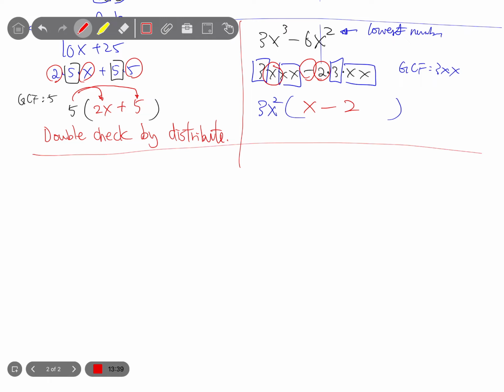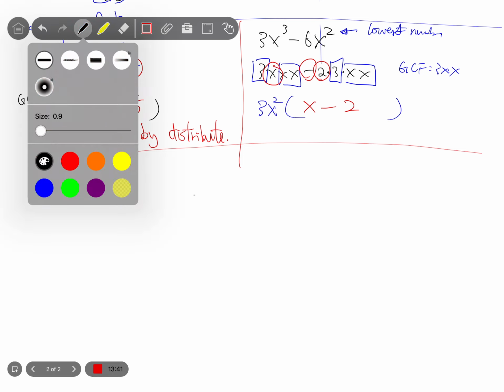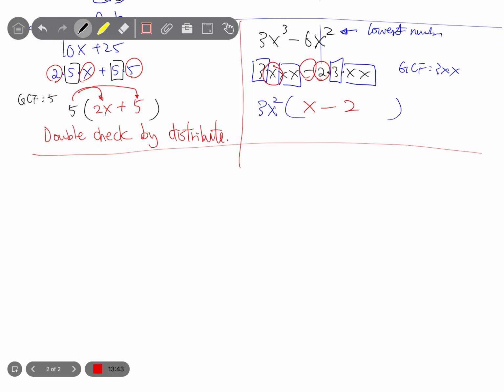All right. So very much the same idea. You have 12ab plus 40a. Right. Now, if you want to, you can do the 12 and 40 on the side.